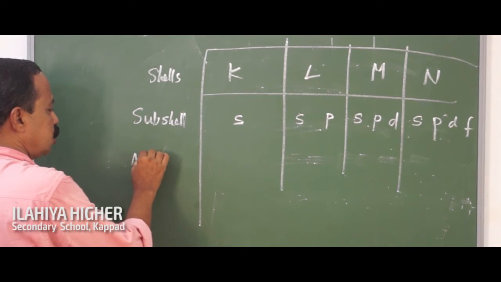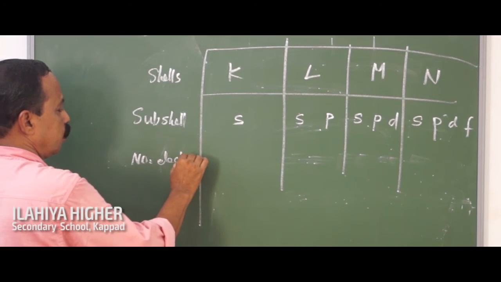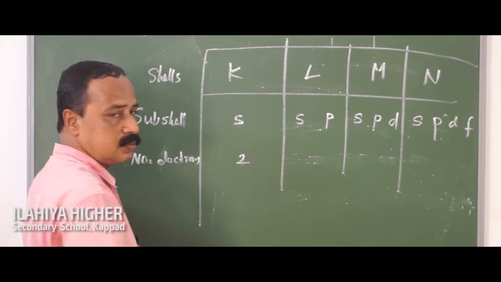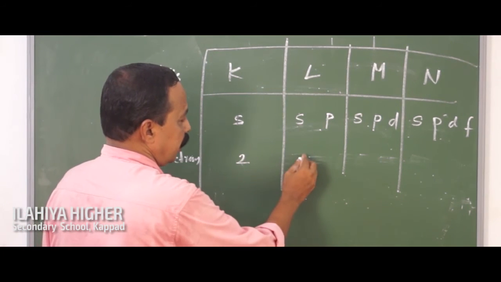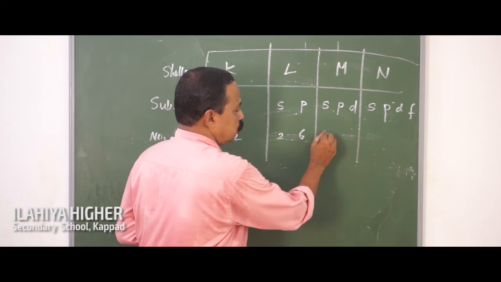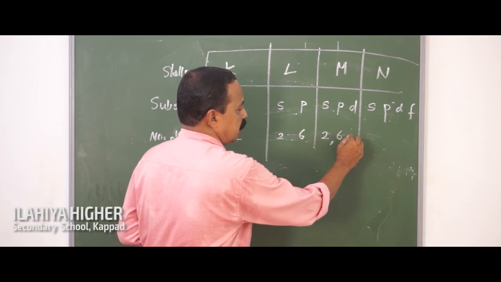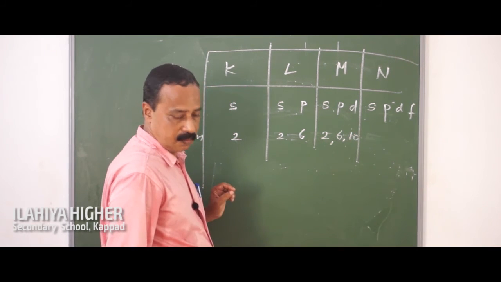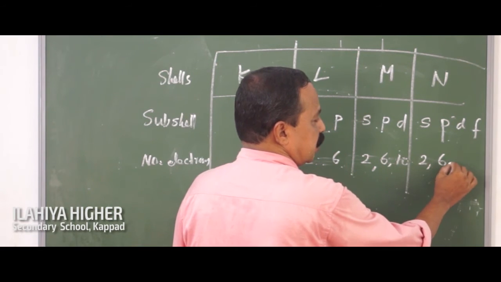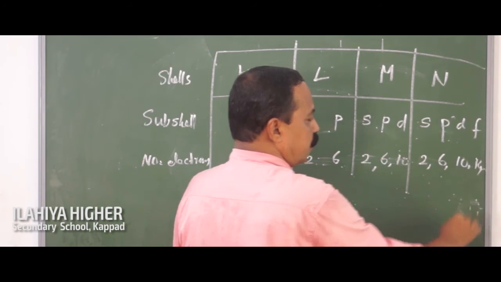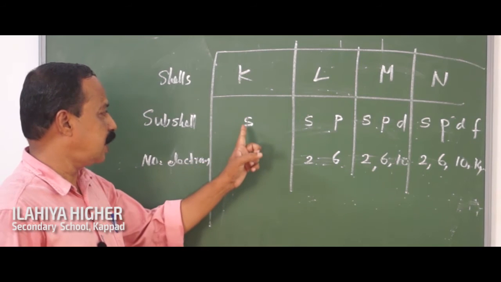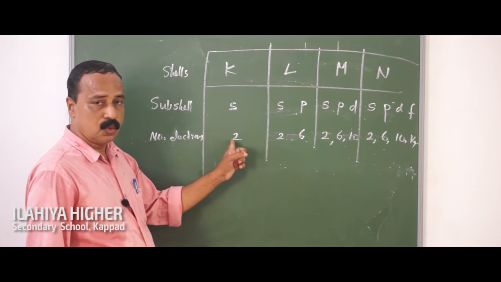Maximum number of electrons possible: S, 2. Here S 2, P 6. Here 2, 6, 10. Here 2, 6, 10, 14. Only one subshell, S, 2.